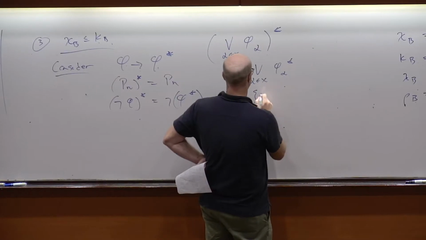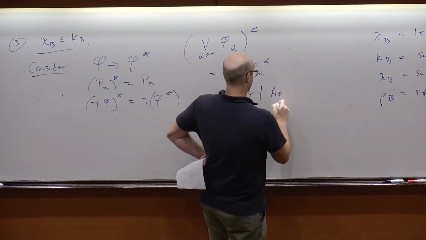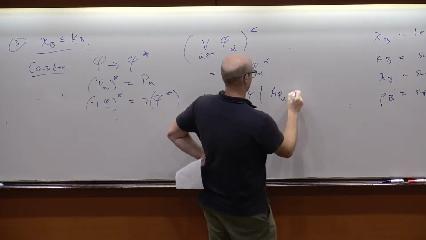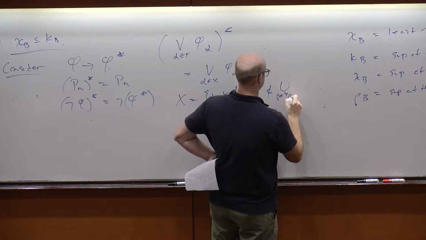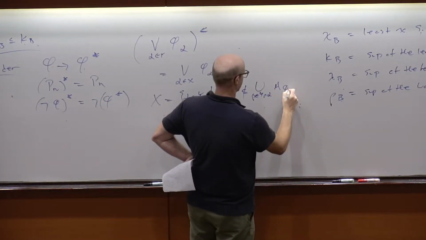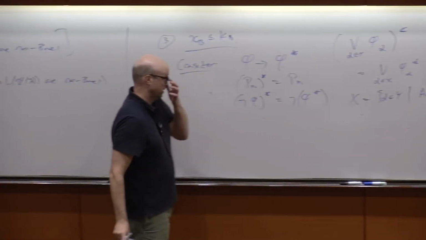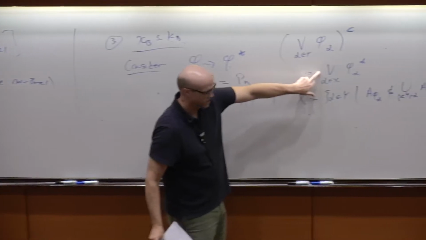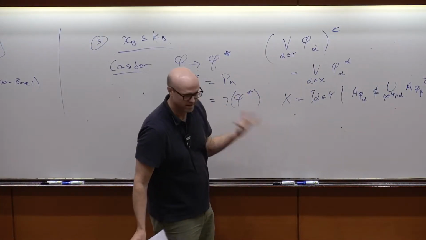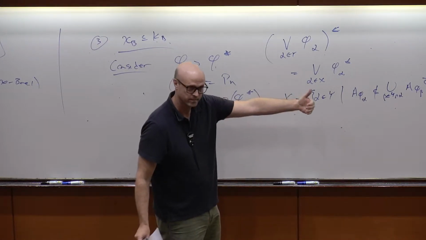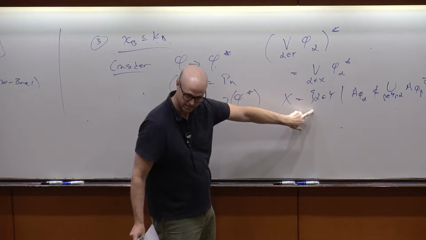So it's the set of alpha in Y such that A_phi_alpha was not contained in the union for beta in Y intersect alpha of A_phi_beta. So when I come to a disjunction, I kick out everybody who wasn't adding anything when I came to that stage. Anybody who wasn't contributing to the union just gets kicked out.